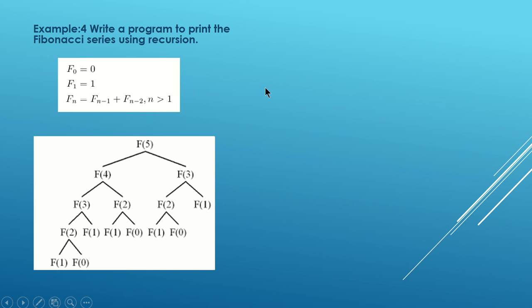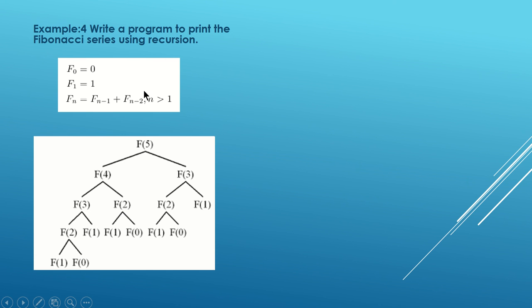So the next program that we are going to understand is: write a program to print the Fibonacci series using recursion. We know how to write the Fibonacci number. In the Fibonacci series, the 0th element is 0 and the first element is 1.